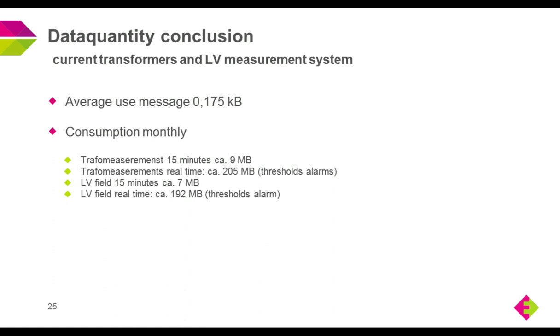Also, we have some charging squares where we want to know what has happened, and that the capacity of the cables is not overloaded. So we think that in the next months, when we install these 200 low voltage measurements in our stations, we will get lots of profit to make a positive business case.